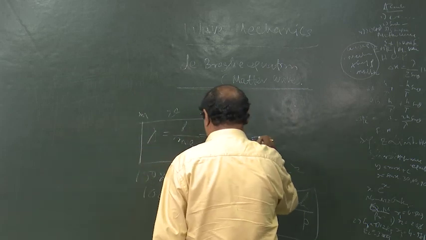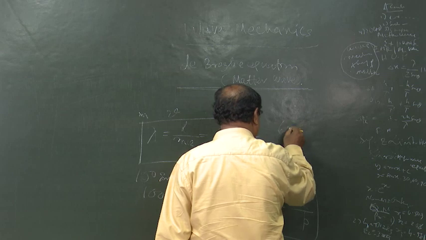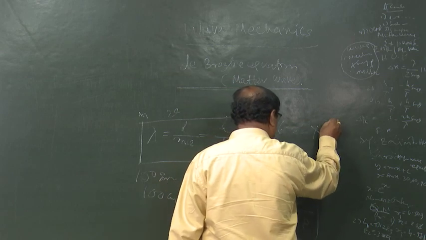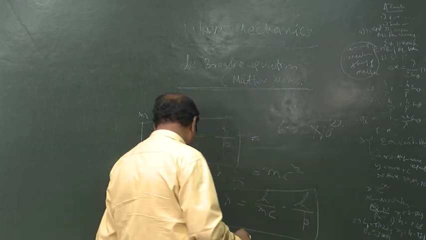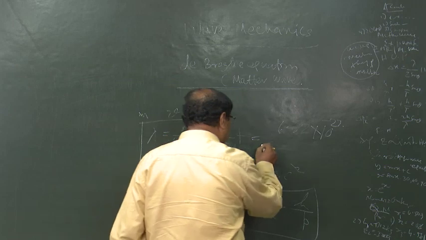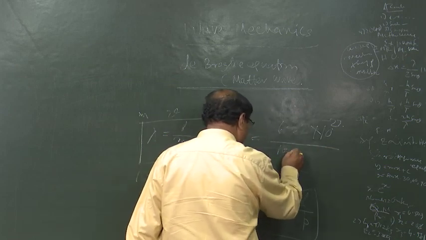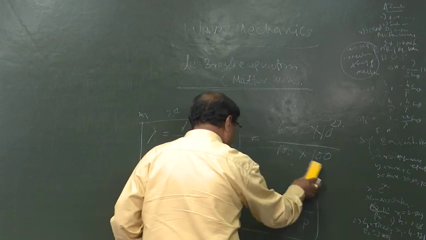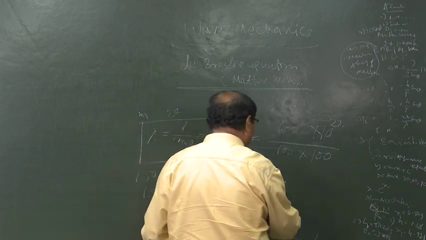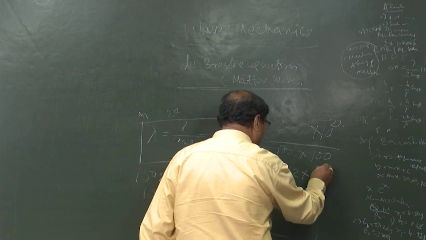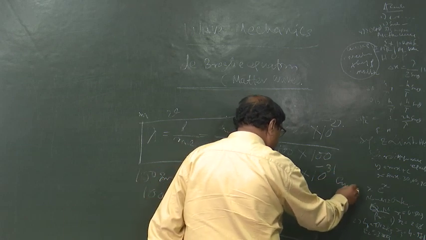So, h is equal to 6.62, and since it is centimeter, we will use 10 to the minus 27 erg second. Now, the mass is equal to 100 gram and the velocity is equal to 100 centimeter per second. So, the wavelength associated will be equal to 6.62 into 10 to the power minus 31 centimeter.